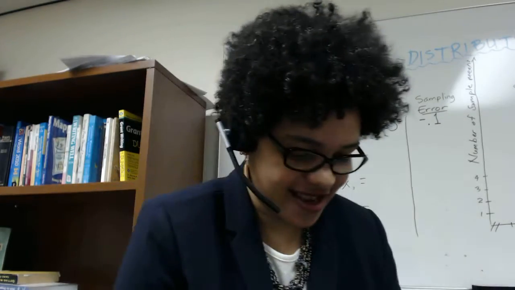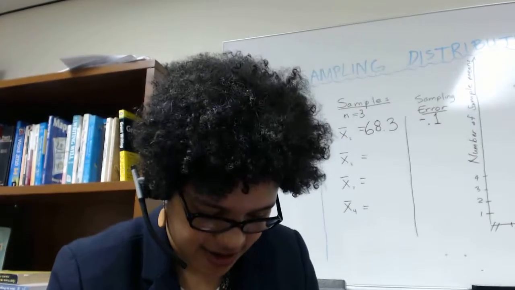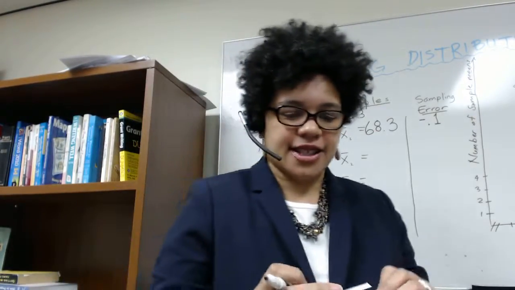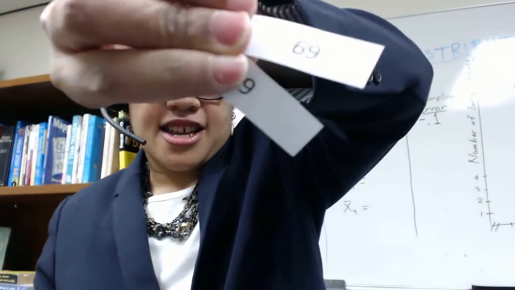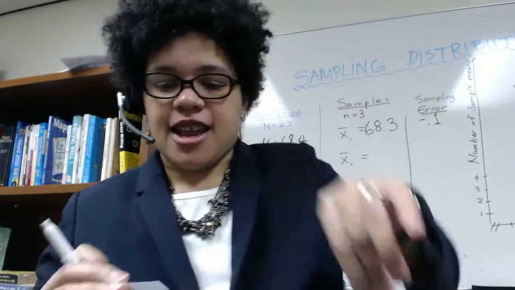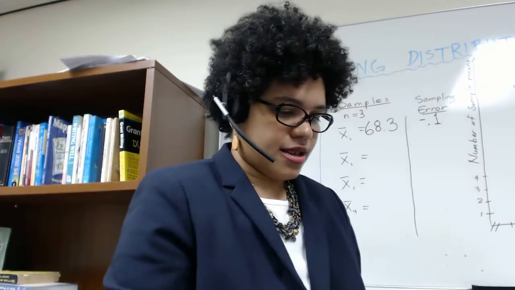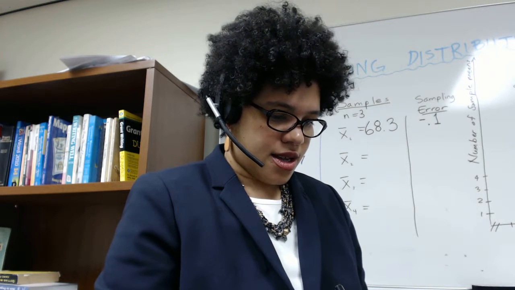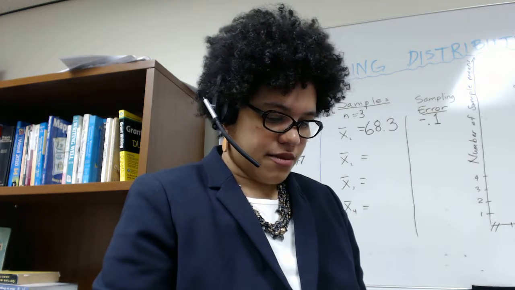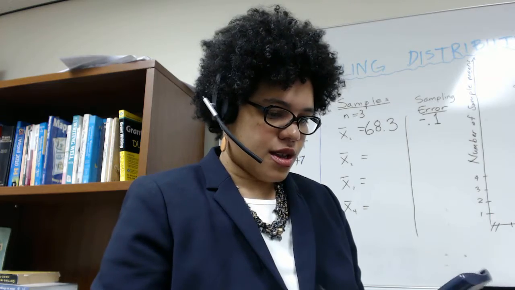Okay, let's do another one. Mixing them up, drawing 3. This time I got 69, 69, and 72. So 69 plus 69 plus 72 divided by 3.